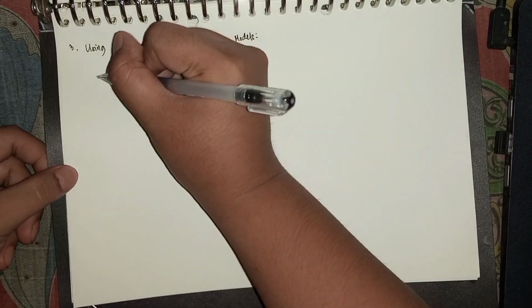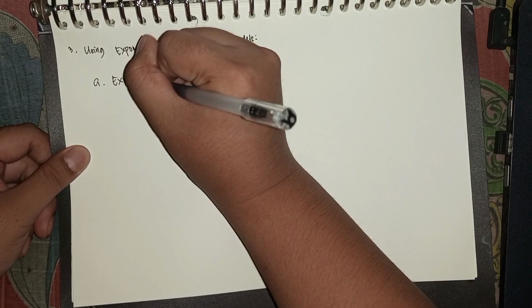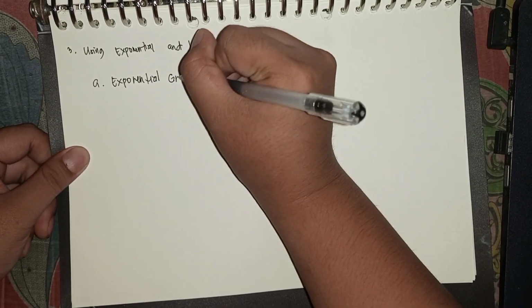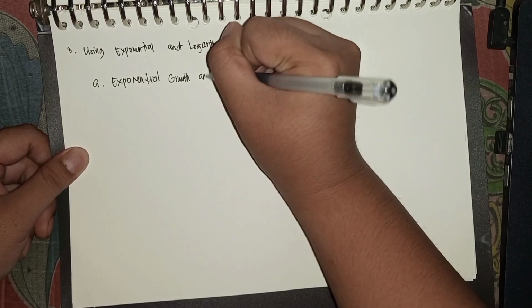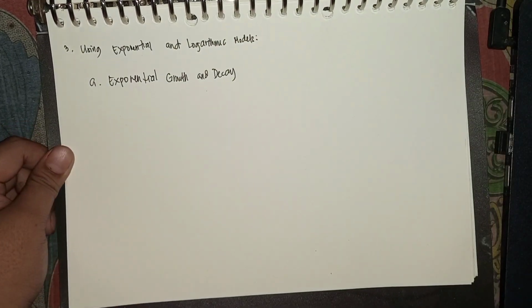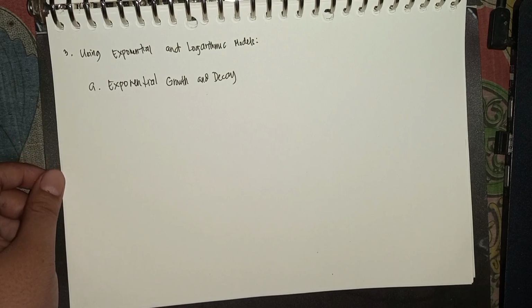First, we have letter A, the exponential growth and decay. Exponential functions can represent population growth, radioactive decay, compound interest, or the growth of bacteria or viruses.